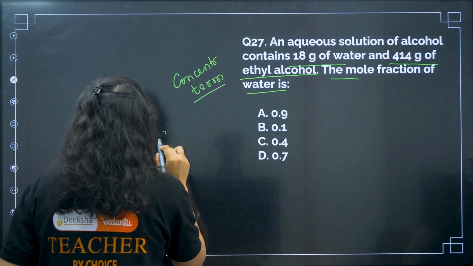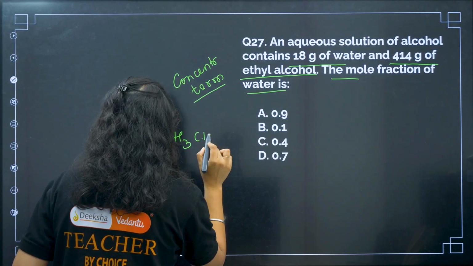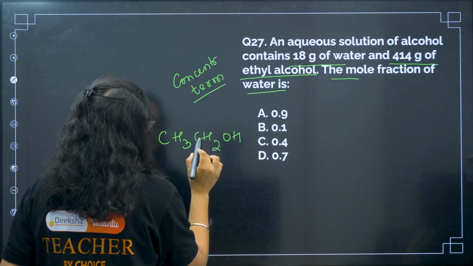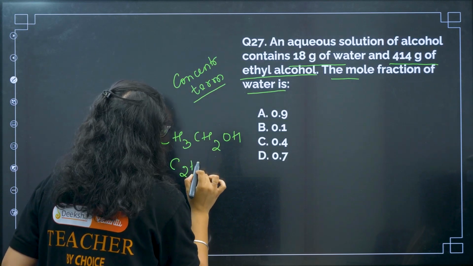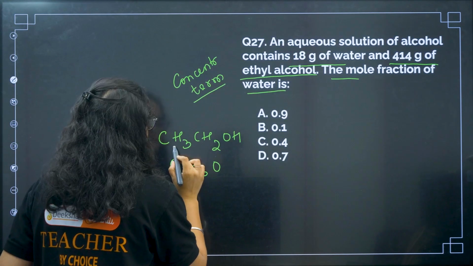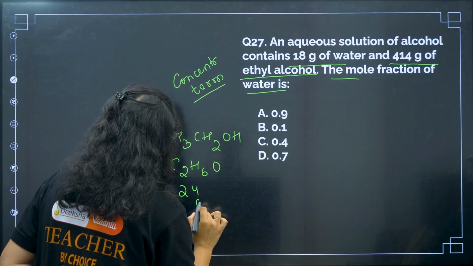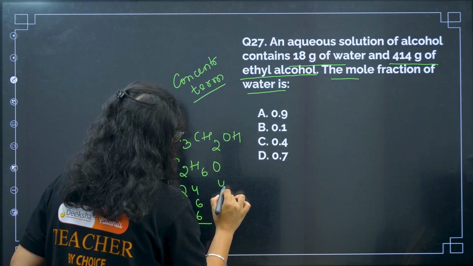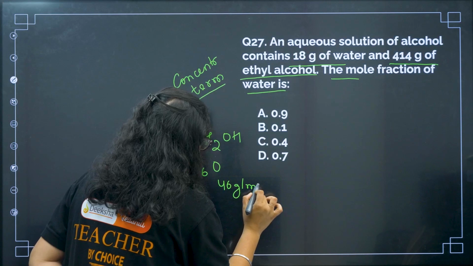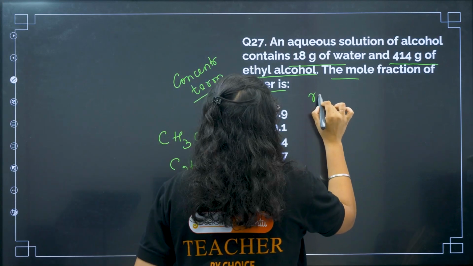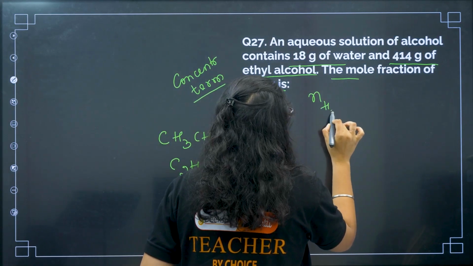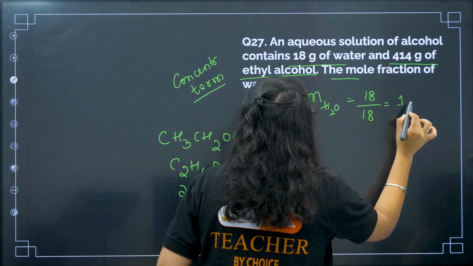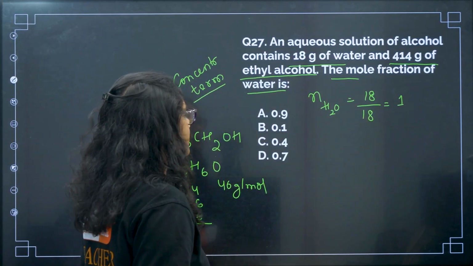Now let us see ethyl alcohol, CH3CH2OH. If I add the molar masses, we have C2, H6 and O, right? So 24 plus 6 plus 16, so 24 plus 6 is 30, plus 16, so 46 gram per mole. So let me first calculate the number of moles of water. Given mass is 18, molar mass is 18, number of moles of water is 1, given mass by molar mass.